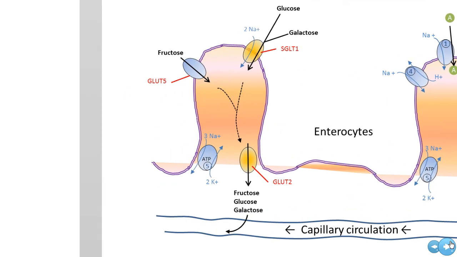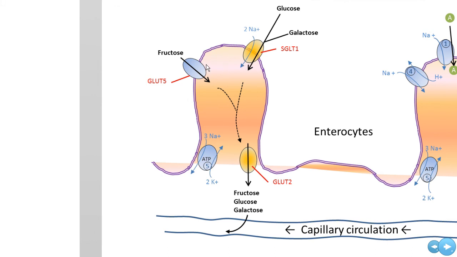First of all, let's look at the sugars. The enterocytes can only absorb from the gastrointestinal lumen out here, they can only absorb monosaccharides, either glucose, galactose, or fructose. Anything more than that has to be broken down by other digestive enzymes in the small intestine.